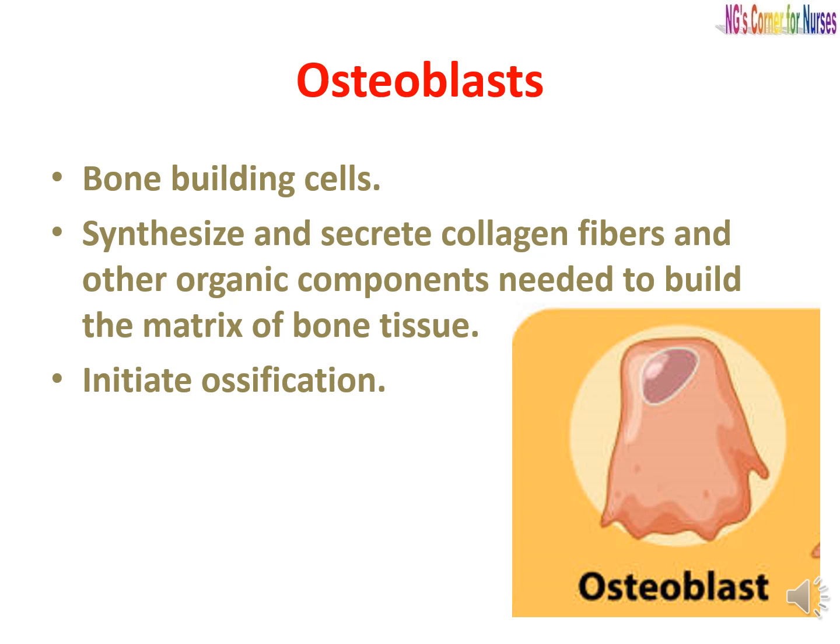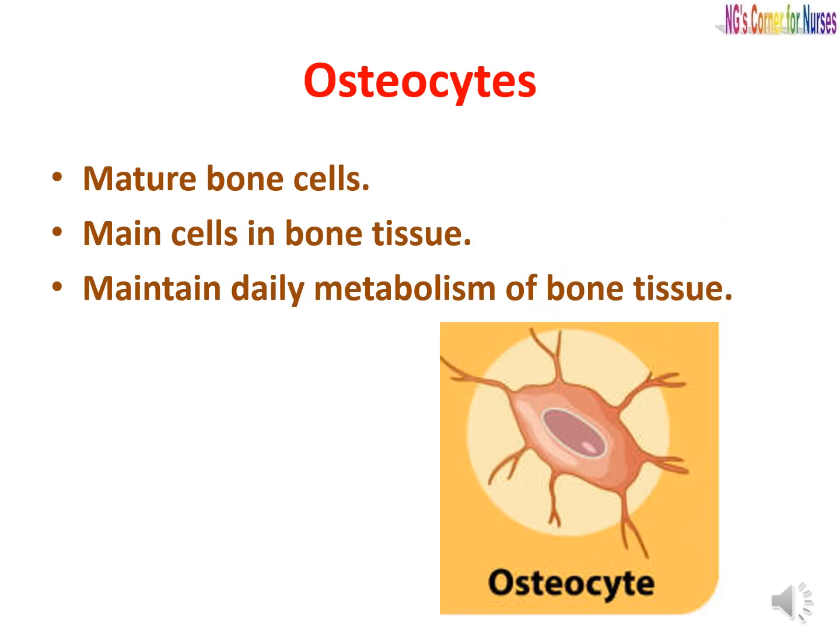Next are osteoblasts. These are the bone building cells because they are involved in the creation and mineralization of bones. They synthesize and secrete collagen fibers and other organic components needed to build the matrix of bone tissue, and they initiate ossification. Next are osteocytes.